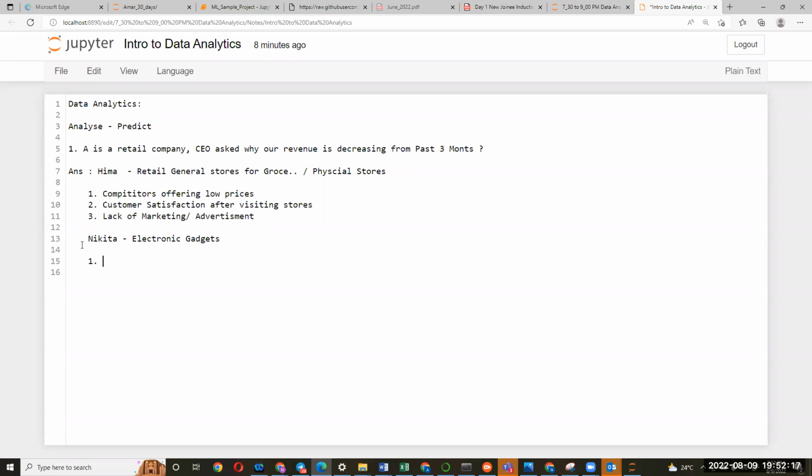So we need to check if there is a need for a product in the market from the audience's point of view. So you're saying outdated products. Yes. Outdated products, okay. This is the main reason for electronic gadgets. And next thing.